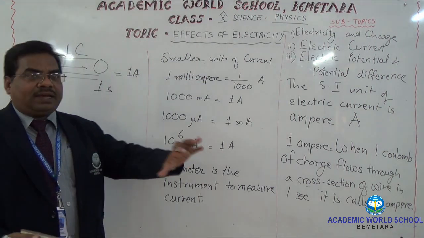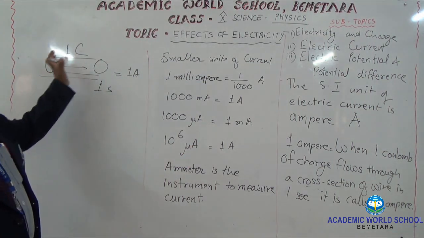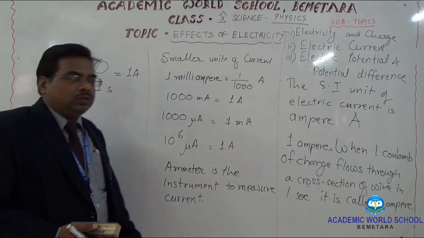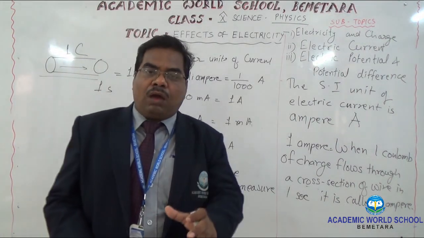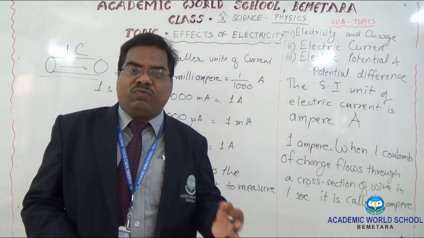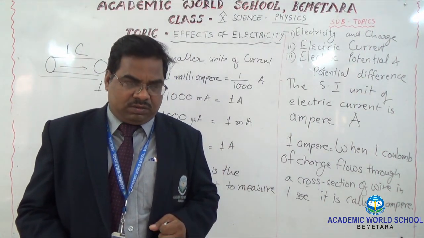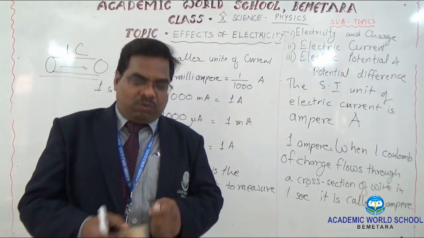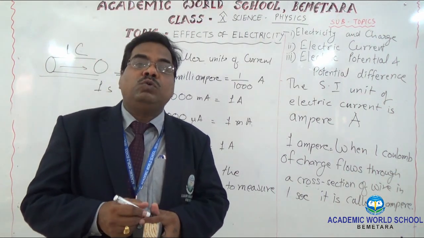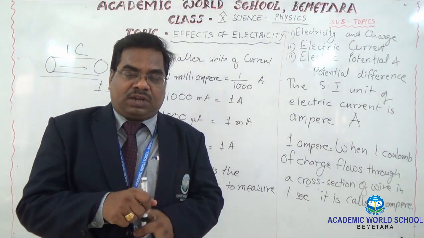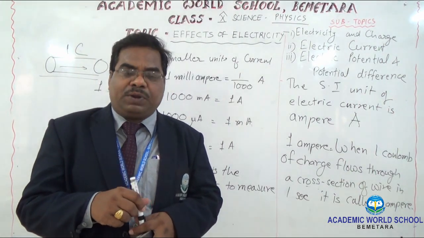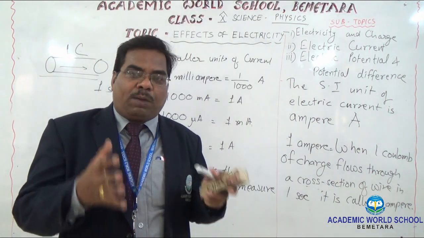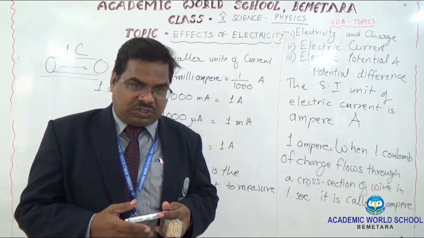Now the current is constituted by the flow of charge in the conductor. How will any charge move inside any wire? What makes the charge move? Whenever you have to use any torch, run the tape recorder or AC, you need some battery or a power source or electric switch.